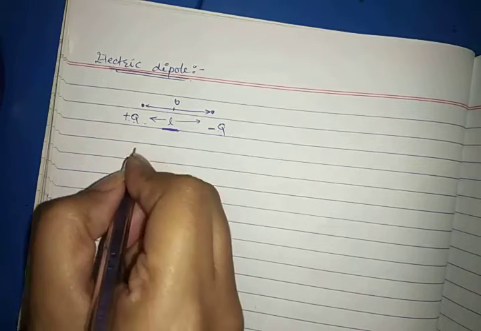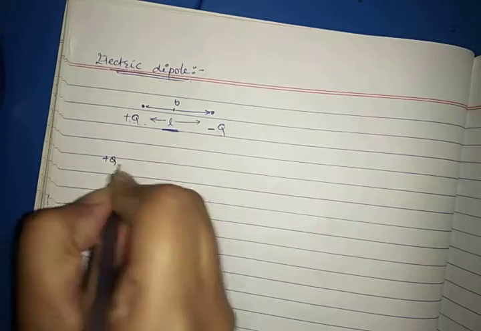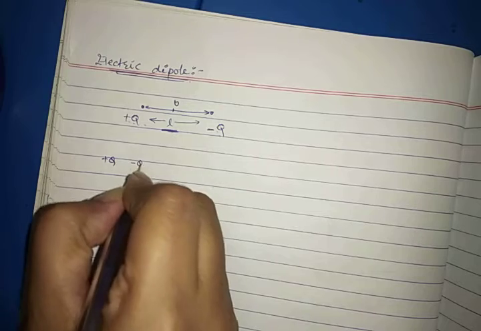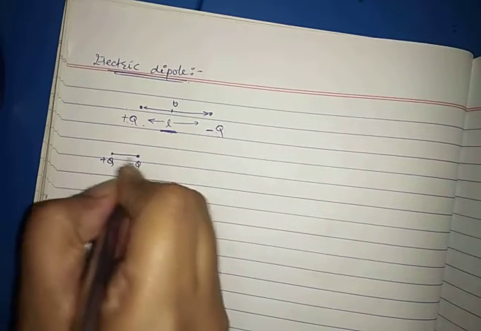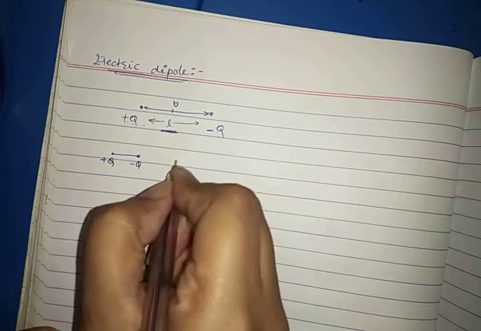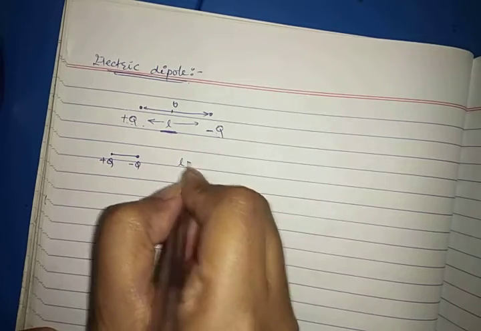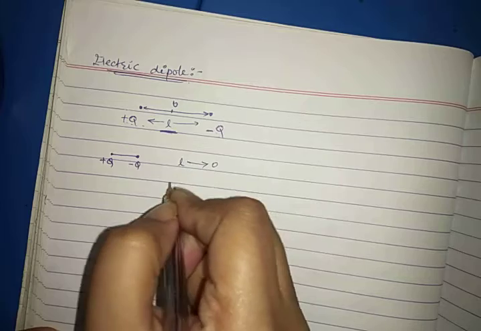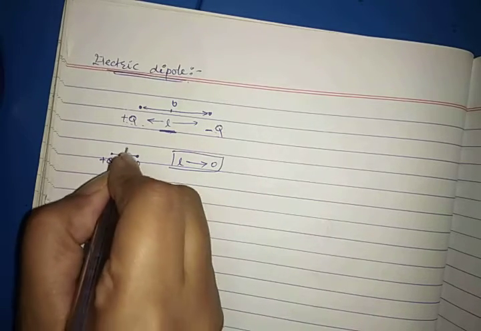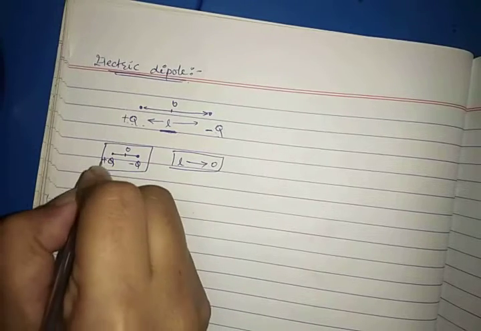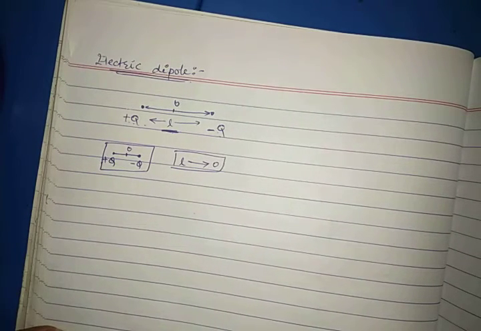What does it mean? That when two equal and opposite charges are placed very close to each other such that the distance between these two points is very small, L tends to 0, and this is the center point, then this kind of arrangement is known as the electric dipole.